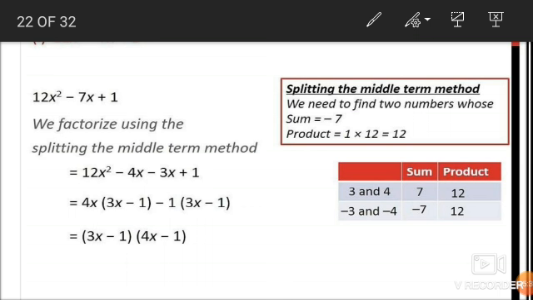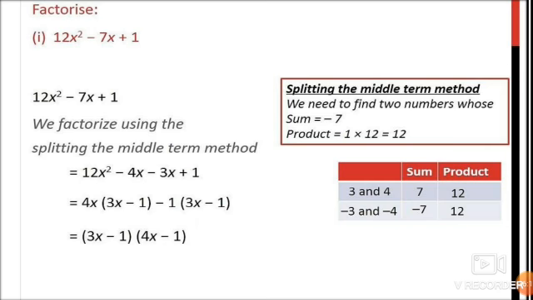For the last two terms, minus 3x plus 1, we take out minus 1 common. Remaining in the first term 3x, in the second term minus 1. In the second step, 3x minus 1 is the same in both, so you can write it only once. Next, 4x minus 1, write it as it is.